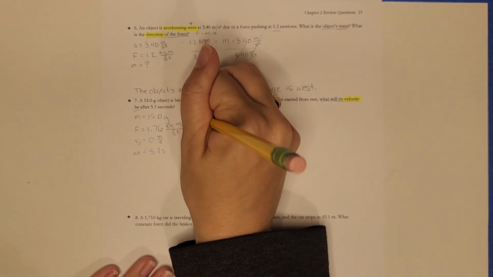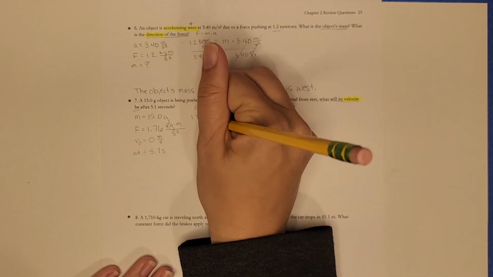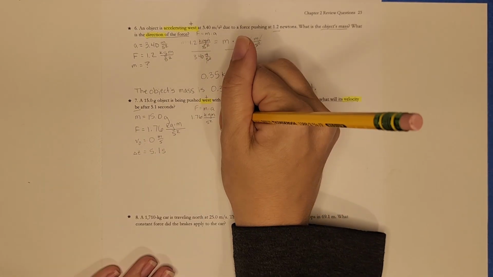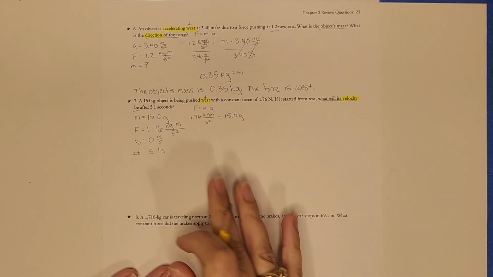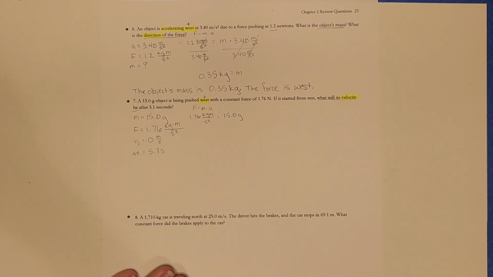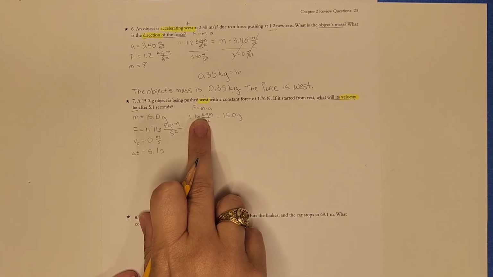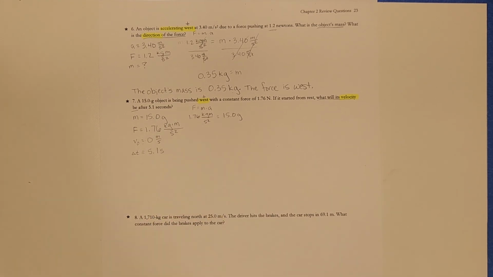I have 1.76 kilograms meters per second squared equals, my mass is 15.0 grams. And I just realized I have grams and kilograms here. So I'm gonna have to do some conversion here.